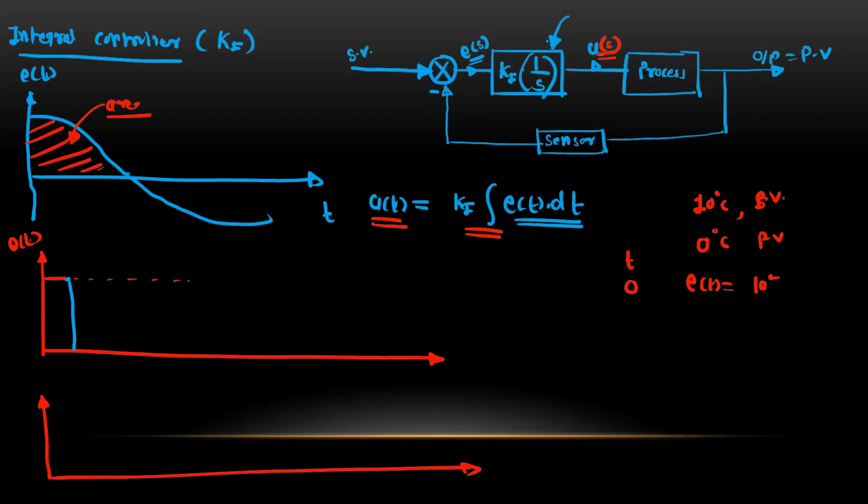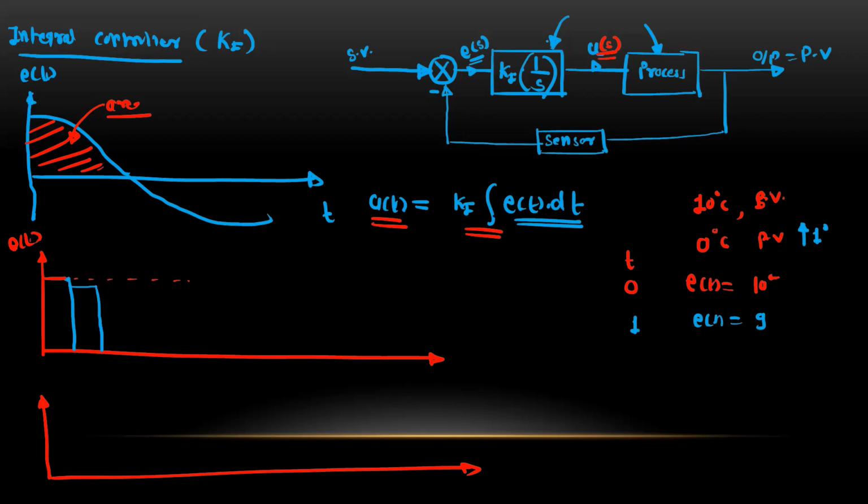Then we start heating the furnace, and suppose the temperature starts rising and becomes 1 degree. So after 1 second we will get the error as 10 minus 1, so it will become 9. So here we will get the error as 9.